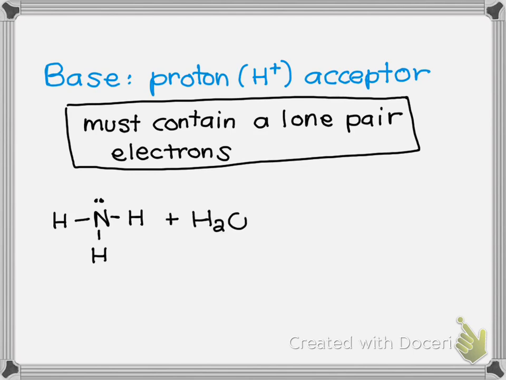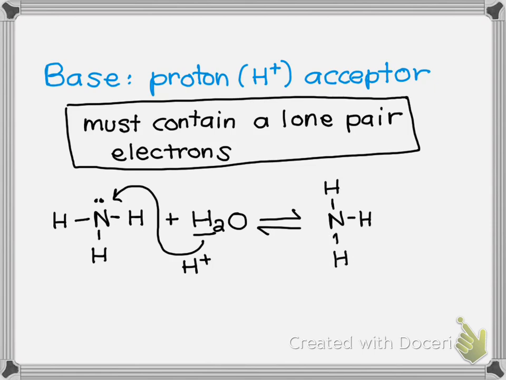And when we put it in water, the hydrogen from the water, the proton, went onto the ammonia. And that H plus had to have electrons for that proton to bond to. So then that was how the hydrogen gets bonded to it. So we got this. So you see, in this case, the proton is being accepted by the ammonia, and it's able to do that because of a lone pair.